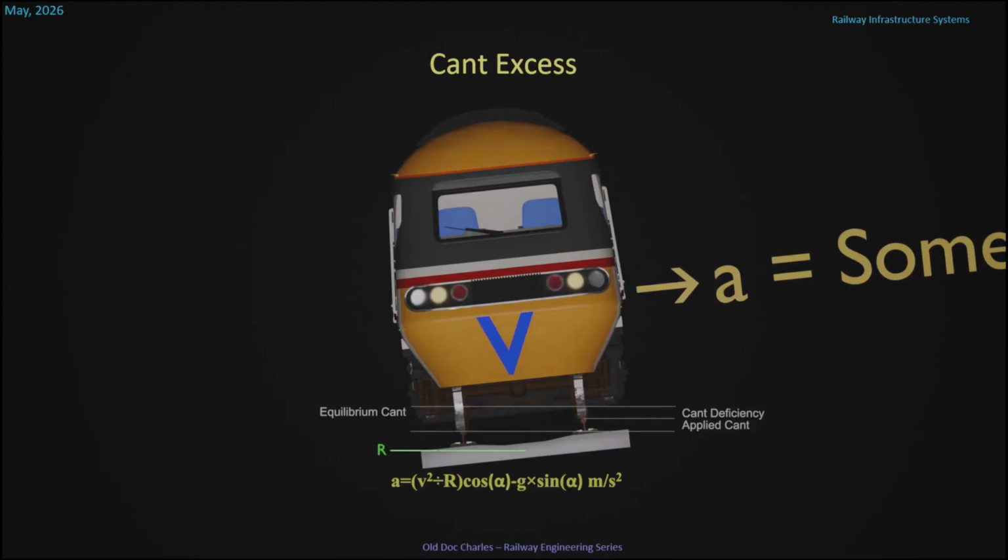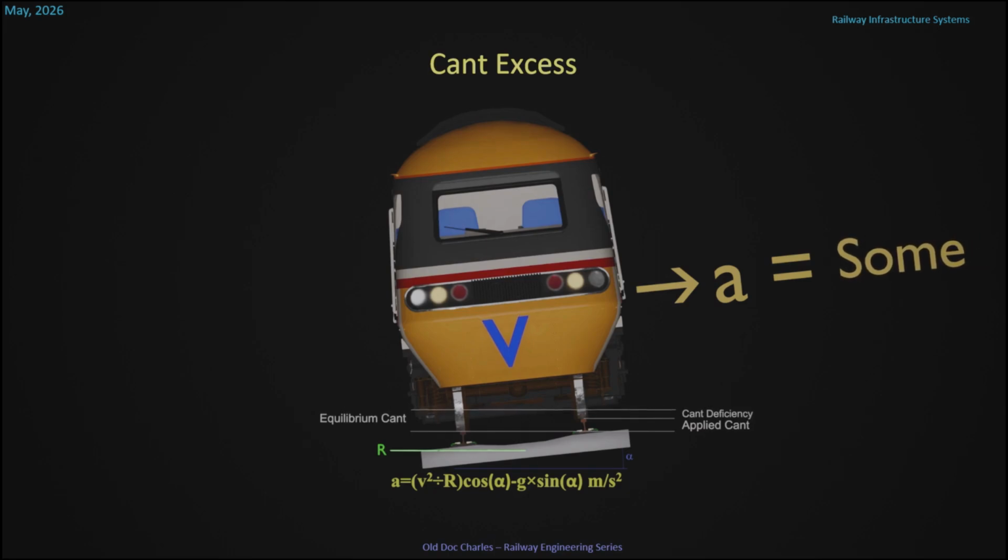There is another situation that exists, and this is when we have too much cant. This is something that is not designed for, but usually occurs when a train is on a curve and slowing down because of a speed restriction or preparing to stop at a station or a red signal. As the train slows down, the equilibrium cant, cant deficiency, and lateral acceleration all decrease.